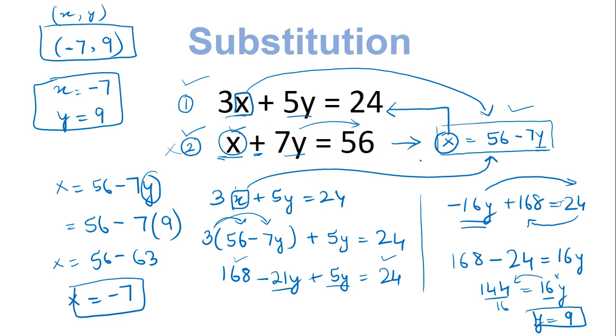You first of all figure out which equation to use. For substitution, just go ahead with an equation where a variable is alone, it does not have any number attached with it. Once you figure that out, just isolate it and get a single equation, and then substitute that into the first equation or second equation, depending on what you're taking.